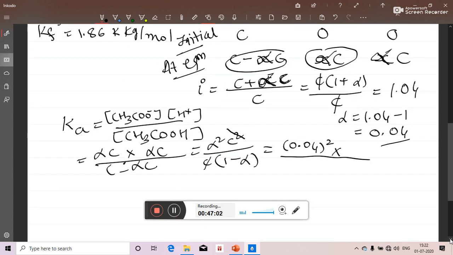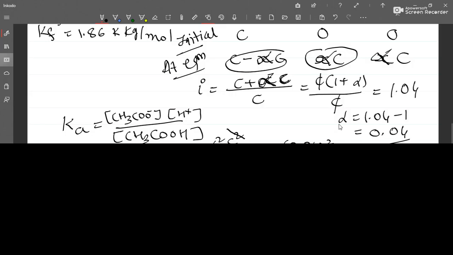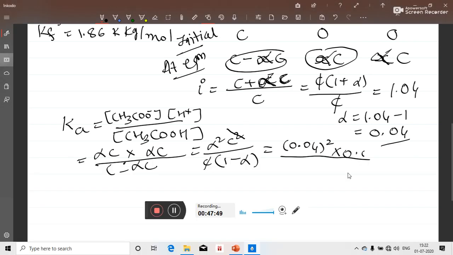So 0.04 squared into 0.0106 upon 1 minus alpha, so that is 1 minus 0.04.